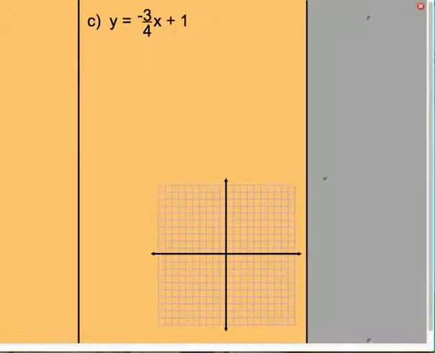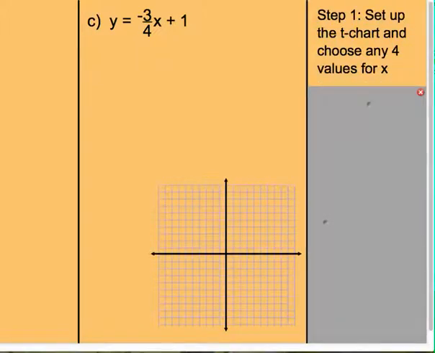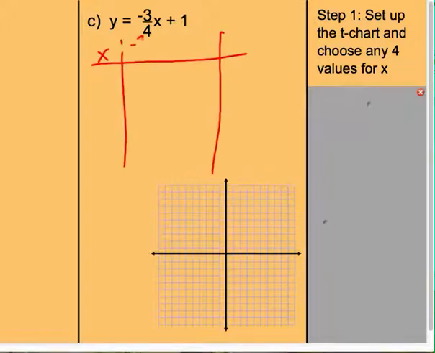We're gonna go over one more table of values because this time my fraction has a numerator. So I'm gonna remind you how to multiply fractions with integers. All right, again, I'm going to choose my 4 values to be multiples of 4 because I'm going to be dividing by 4 with my slope.